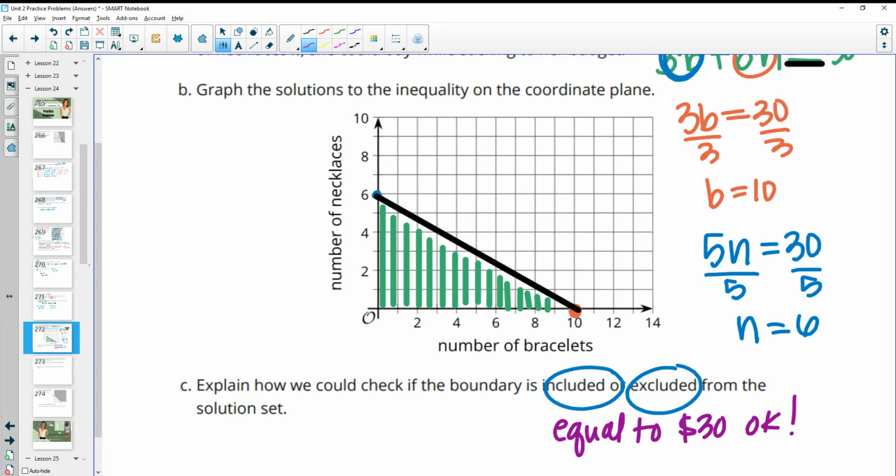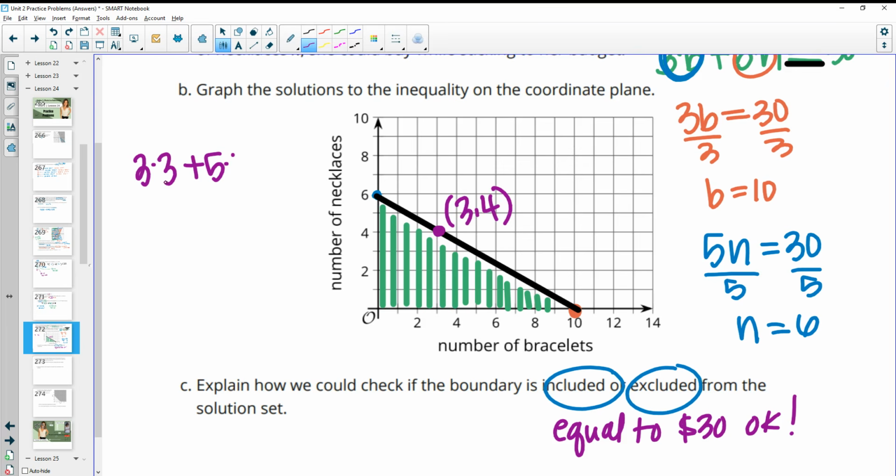She can spend that, but not more than that. You can also take and plug in a point and see, but the idea is going to be the same here. When you plug it in, you're going to end up with, so 3 times 4 in this case, plus 5 times, or wait, I picked the wrong number here. So this ordered pair is 3, 4.